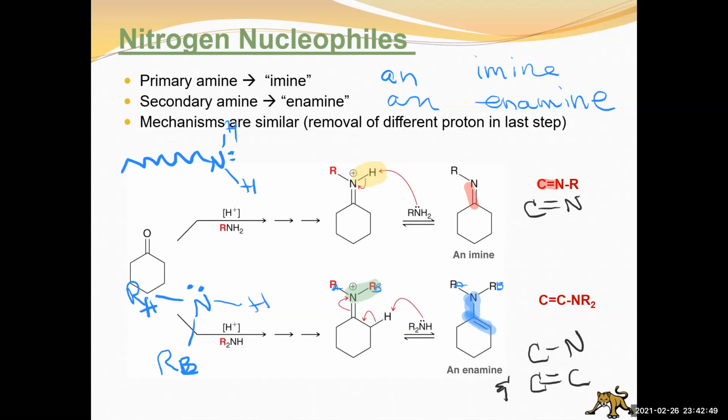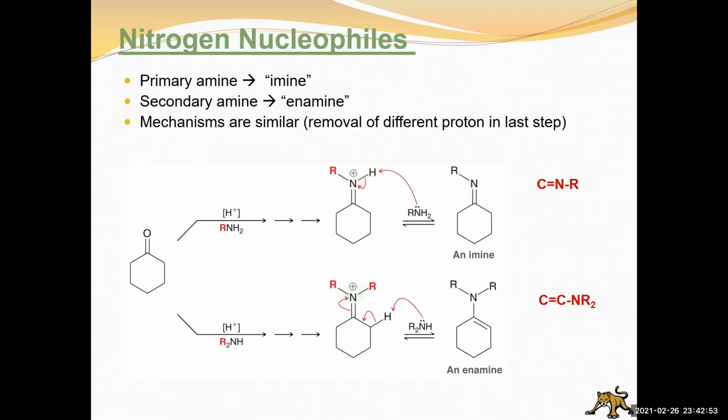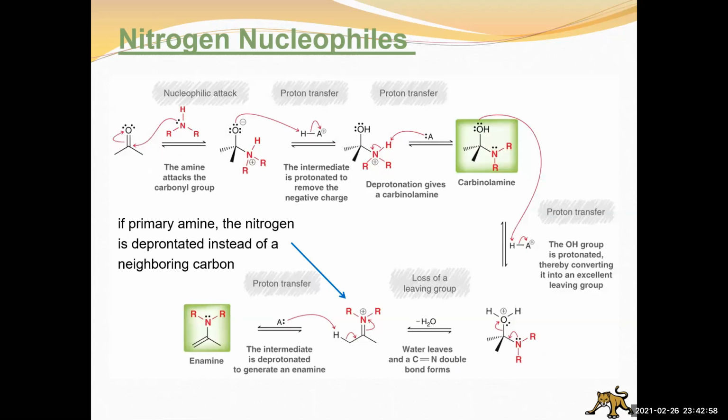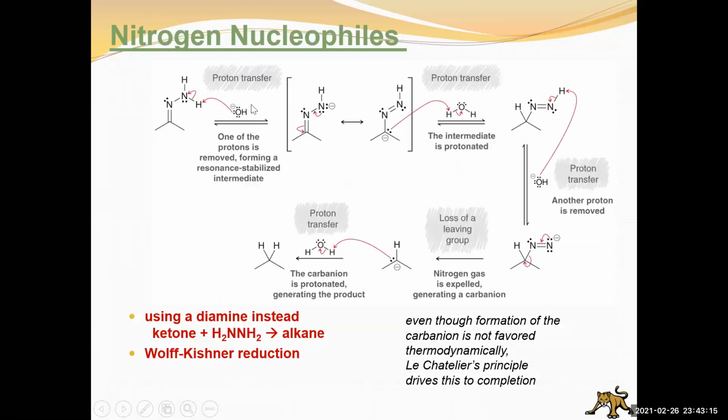Clear all that, and move to the next slide where we'll go through the mechanism in more detail. Here's the secondary. So we know in the end, we're going to have a carbon-carbon double bond and a carbon-nitrogen single bond. And like I said, the mechanism for the other one is going to be, well, that one's different.